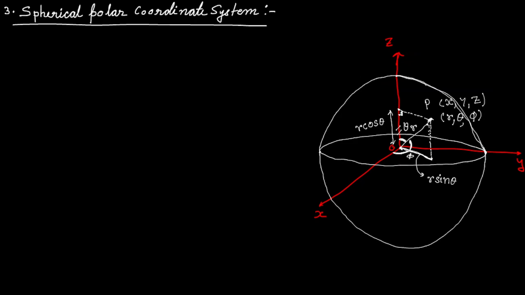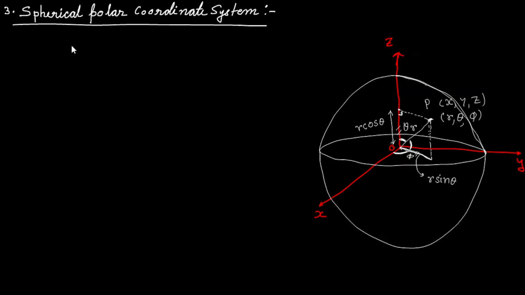But in order to write the value of x, y, z in terms of R, theta, phi, we have to take the projection of R on the x-axis, y-axis, and z-axis. So to calculate the projection length of this R on the x-axis, again we have to take the projection of this length on the x-axis and y-axis.